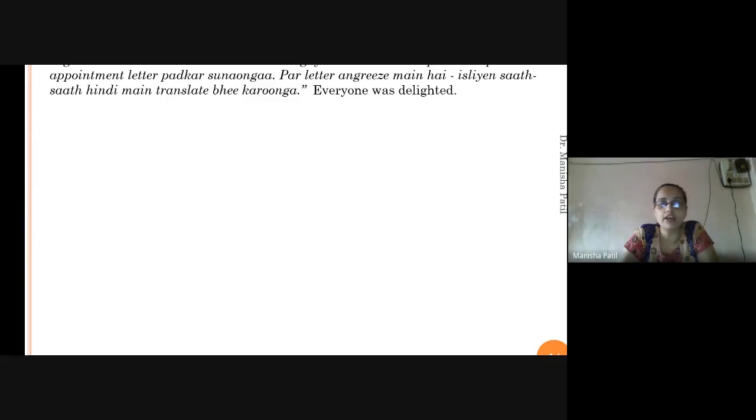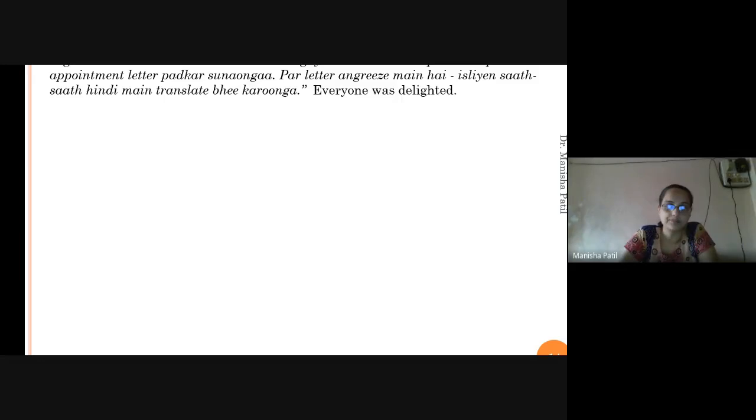Lalu Prasad jumped with joy on receiving this reply. He arranged a press conference and declared, in Hindi, that he has got a job in America, and that he will read out the appointment letter and translate it into Hindi as well. Everyone was delighted.